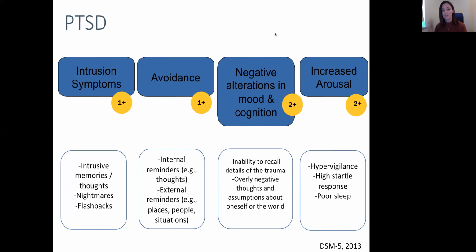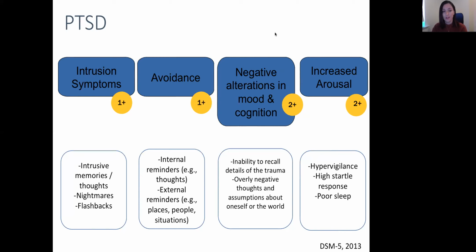So if we start with intrusive symptoms, these include persistent re-experiencing of the trauma through intrusive memories, which we'll talk about a little bit more later on in the talk, but they also include nightmares and flashbacks. And flashbacks involve a disconnection from reality, where individuals feel as if the distressing event is truly happening to them all over again.